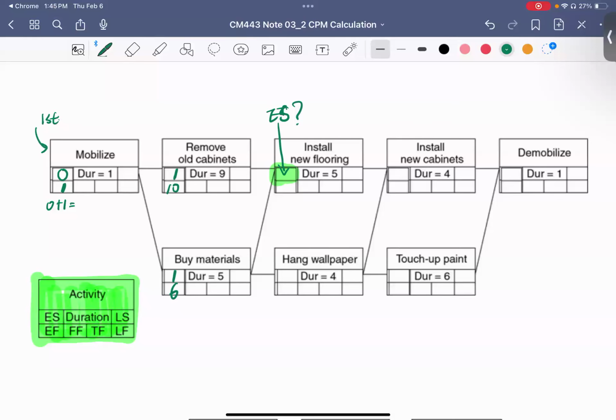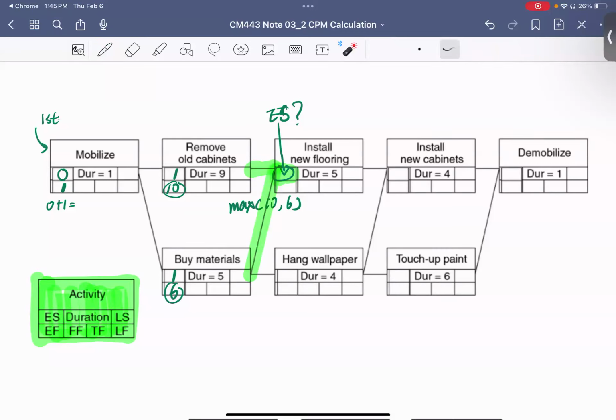So it's correct. It's from remove the older cabinets, but you needed to get it from this and this. So what you get here is the maximum of 10 or 6, because you have the two lines over here, right?